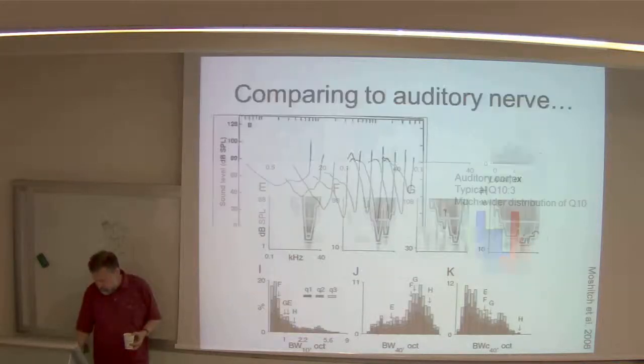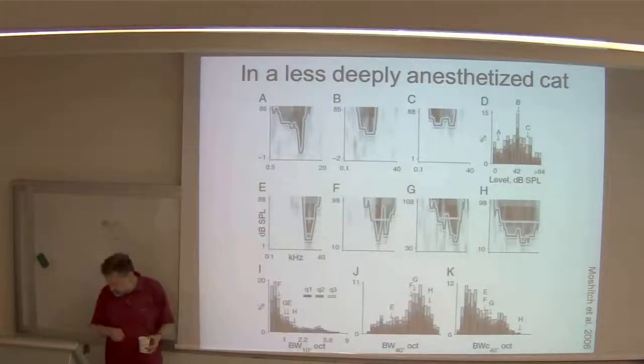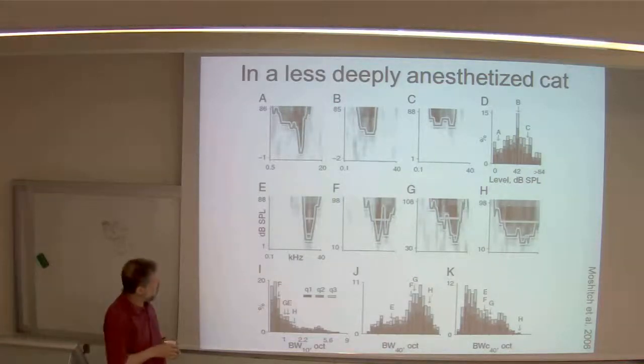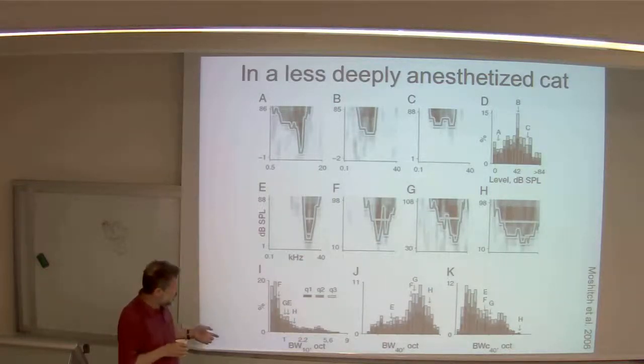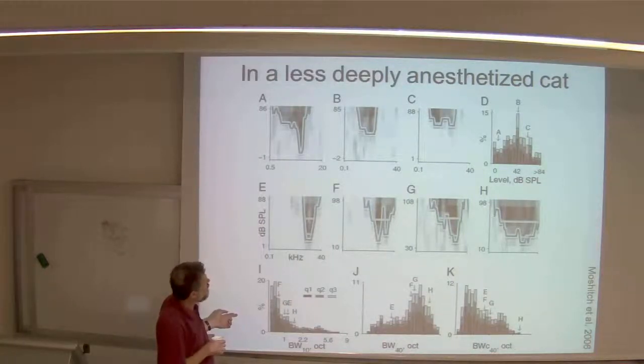Okay. And now, all of these recordings were done in barbiturate anesthetized cats, which is a very deep anesthesia. This is a paper from my lab where we used lighter anesthesia, and the point is that these widths become even wider. The width of the tuning curve was so wide, even 10 dB above threshold, that we didn't even calculate Q10s.